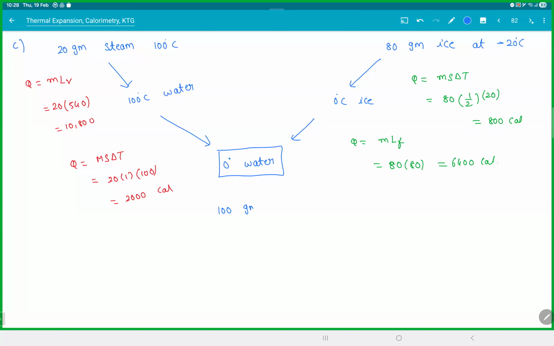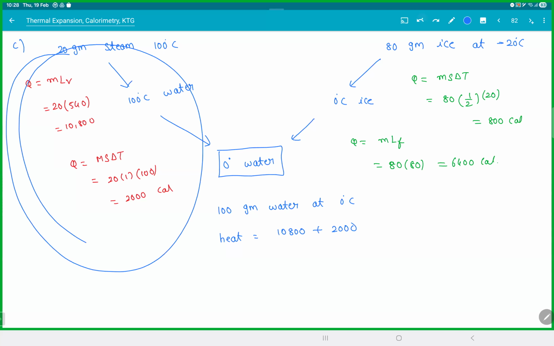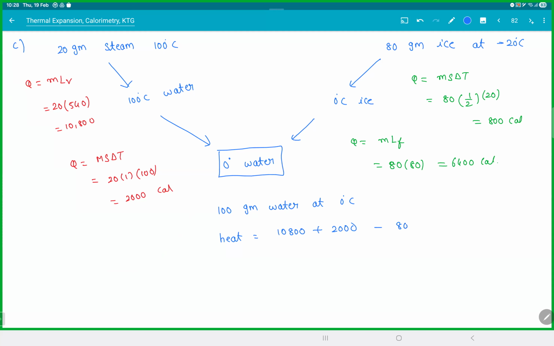So we have 100 grams of water at 0 degrees. The total heat: when you converted the steam into water, it released 10,800. Then again it released 2,000. Remember, all this is heat released. And this is 800 absorbed and 6,400 absorbed. How much is this? 5,600 calories.